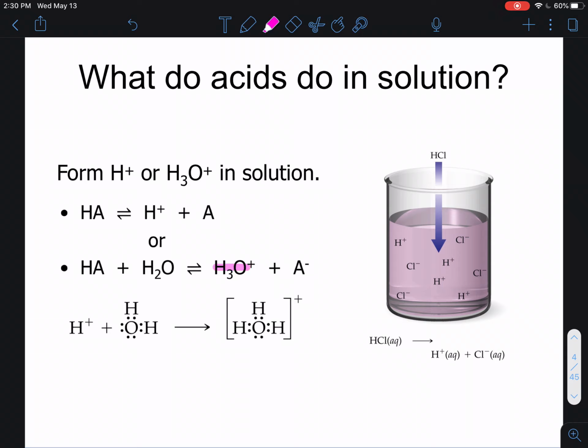So what really happens to acids in solution is they form H3O plus. The Arrhenius acids dissociate into H plus and whatever respective anion, and then this H plus will protonate water to form H3O plus.